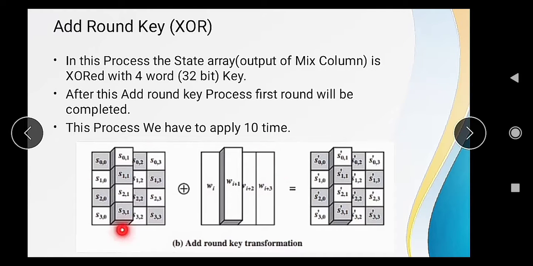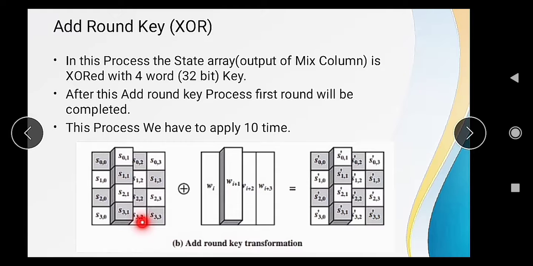The output of the previous round, that is the mix column output, will be XORed with the next words. So the output of the previous round will be used as an input, that is a 4 into 4 matrix. Now that 4 into 4 matrix will be XORed with the 4 words, which means our 4 sub keys. So the output will be stored in the output matrix. We can see the example. The first column will be XORed with the first word, and the output will be stored here. The second column will be XORed with the second word, and the output will be stored in the second column.